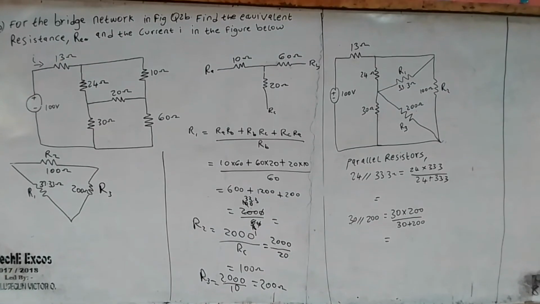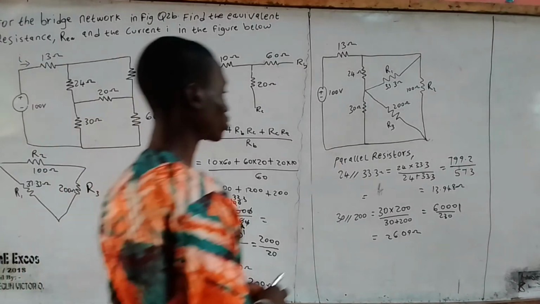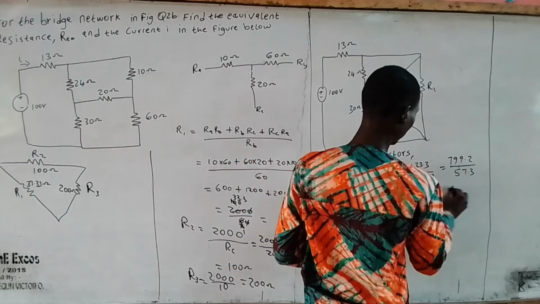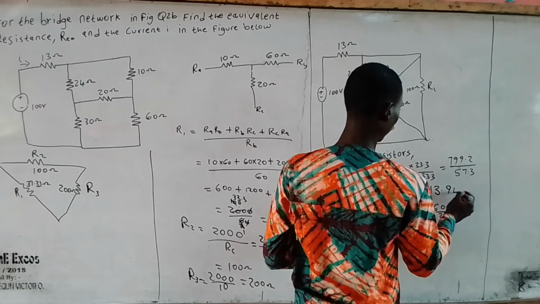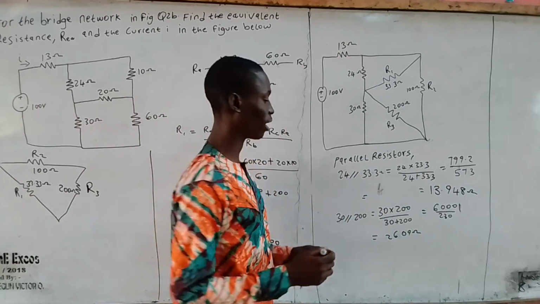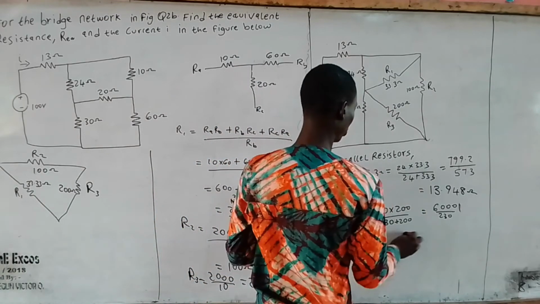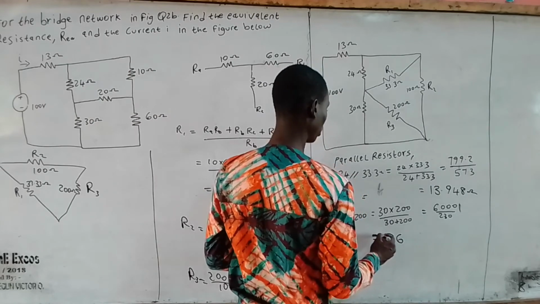Okay. So now, at this point here, you have 13.948 ohms, if you solve it rightly. And here you have approximately 26 ohms.